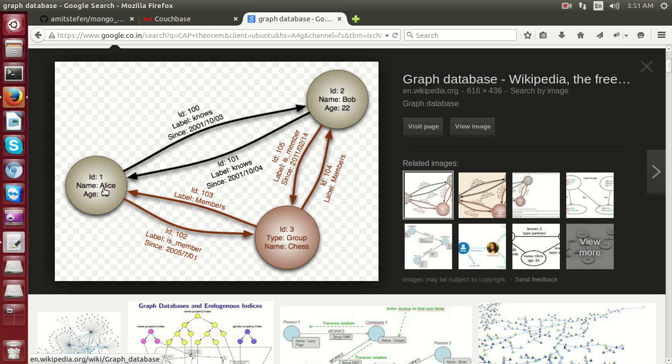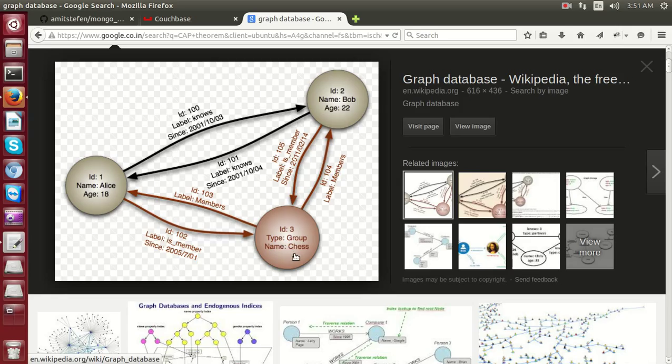Say Alice, Bob, or this group are entities. All traits of Alice, say his ID, name, age, salary, let's say, are stored in the vertex, and relationships are stored as edges. Say Alice knows Bob, then Alice is a member of a group which is chess.